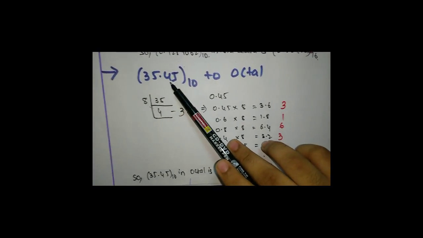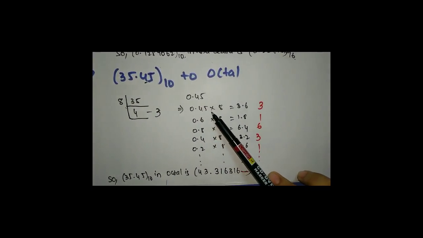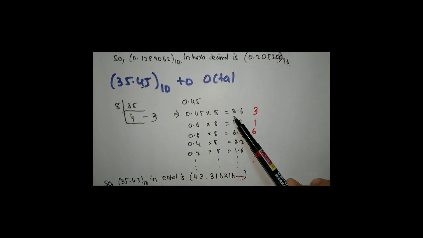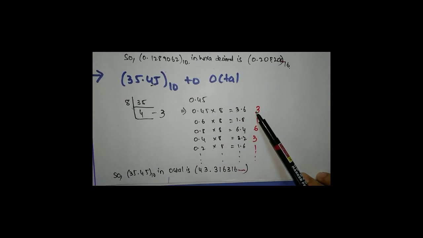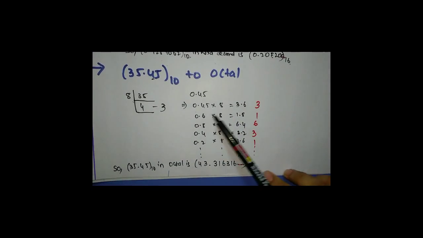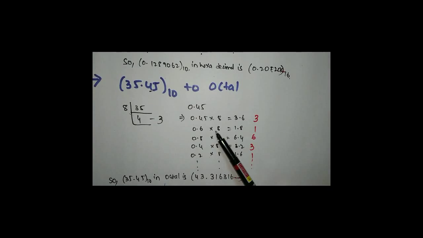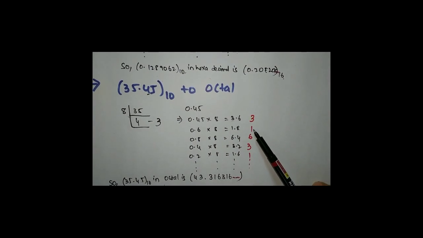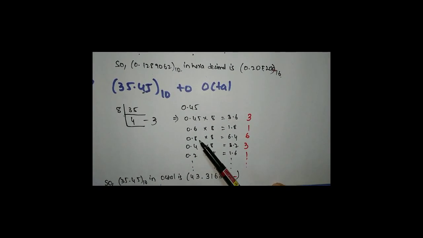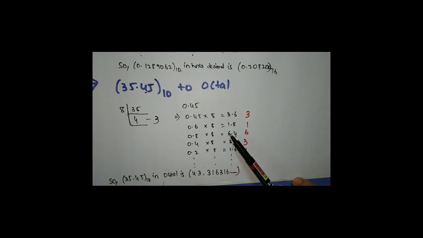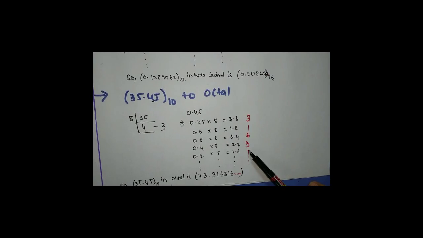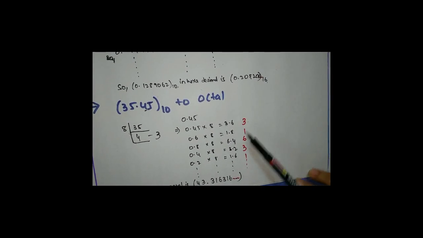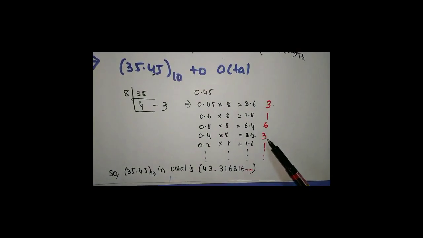Next, the fractional part we have to take, 0.45. 0.45 we have to multiply with 8, 3.6. This problem was discussed previously, where we took 3 here, and next 0.6 into 8, 4.8, 4, and 0.8 into 8, 6.4, 6, 0.4 into 8. So the values will go on repeating. So I took till 3.